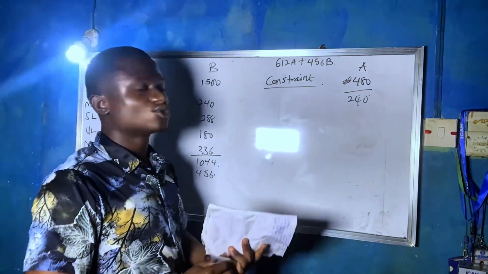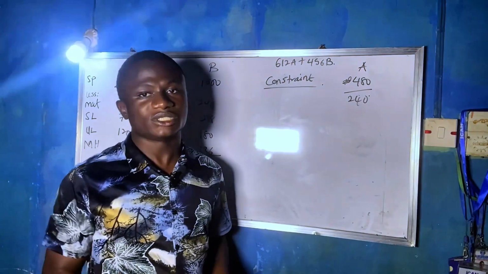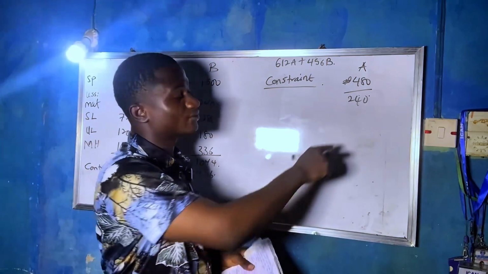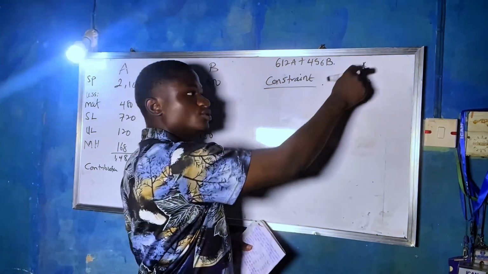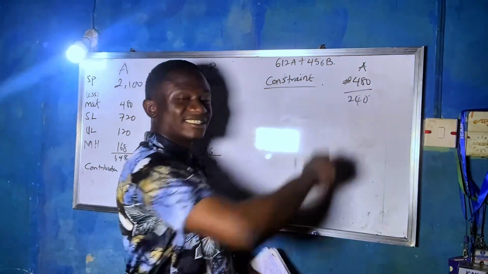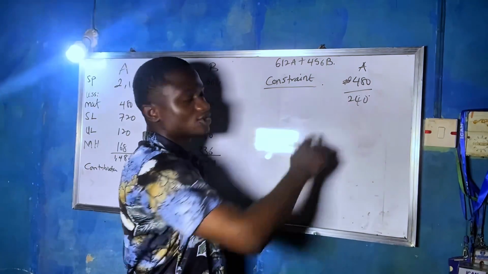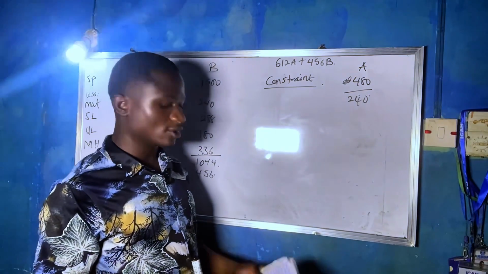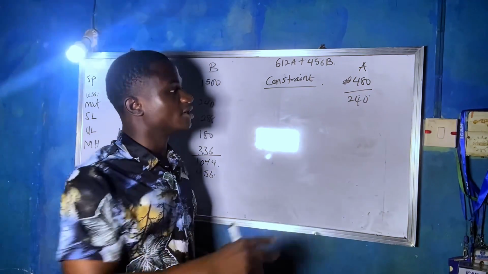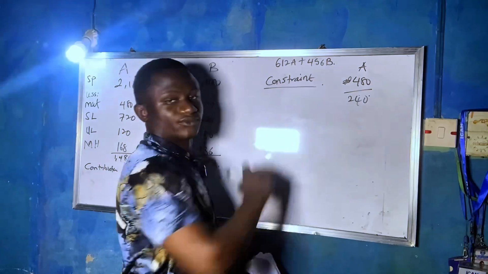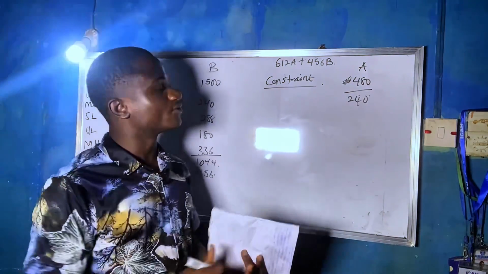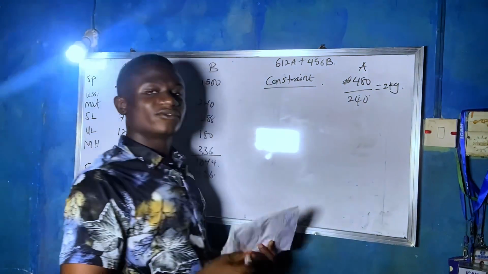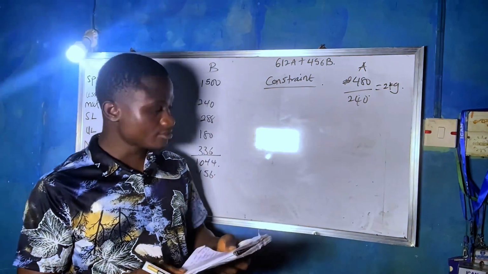So definitely 240 times 2 gives us 480. Let me come again. They said material X is 240 naira per kg, and to produce A, we need 480 naira of material X. So if 1 kg is 240, then 480 is 2 kg of material X. So 480 divided by 240 is 2 kg of material X, which is what we actually need there.